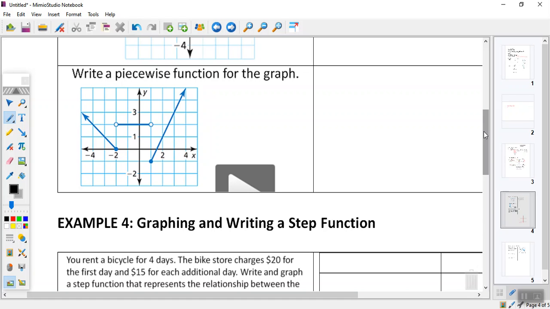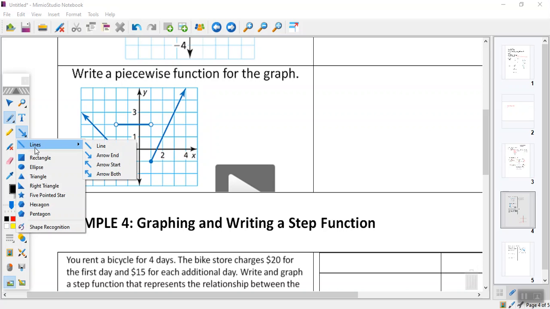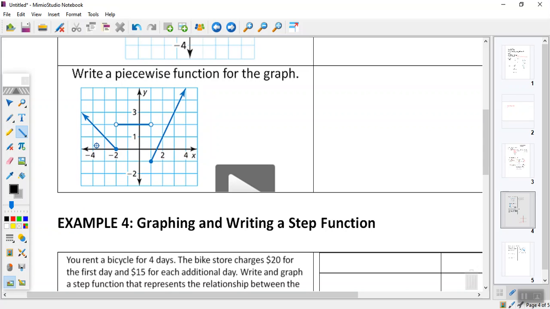Okay, first of all, this problem looks kind of tough, so let me do this first. Here we go. You guys agree, first of all, where are your parameters going to lie? I'm going to draw some dotted lines in here to help me. You agree that it breaks right here at -2? Sometimes I like to draw the lines in here to help me.